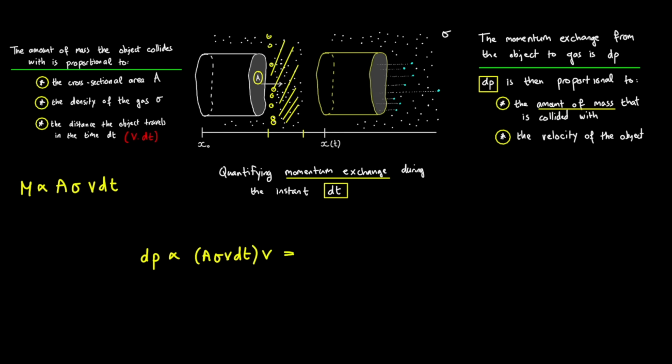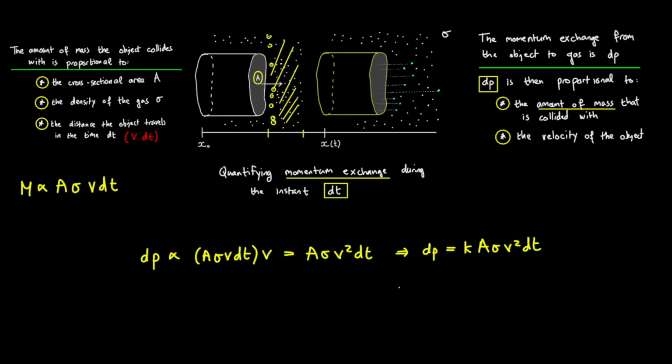And so, just reorganizing the equation, this gives us this. And why it was done this way is that because we have this proportionality, we know that the real momentum exchange is nothing other than a constant times this quantity here.